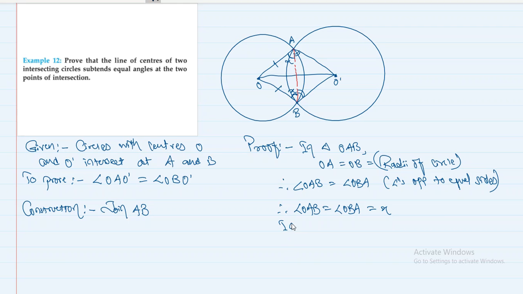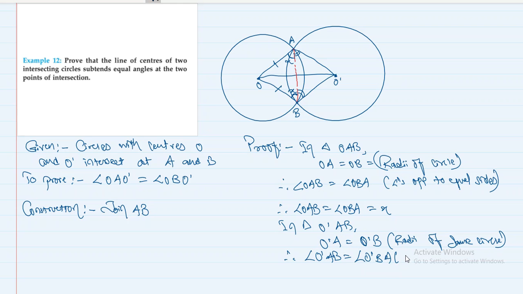In triangle O dash AB, O dash A is equal to O dash B, that is radii of same circle, and therefore we can say that angle O dash AB is equal to angle O dash BA, angles opposite to equal sides.